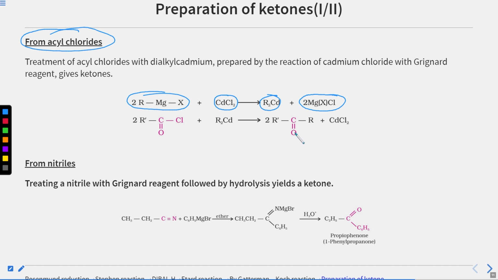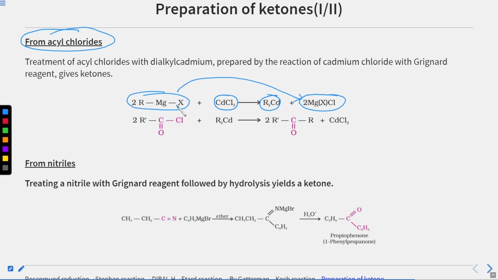Okay, what is happening in this reaction? First step: both of the R of Mg are being donated to your Cd, and we are getting 2 Cl from this Cd. So one Cd will give 2 Cl. Overall in this reaction, we are converting this Grignard reagent to this thing.